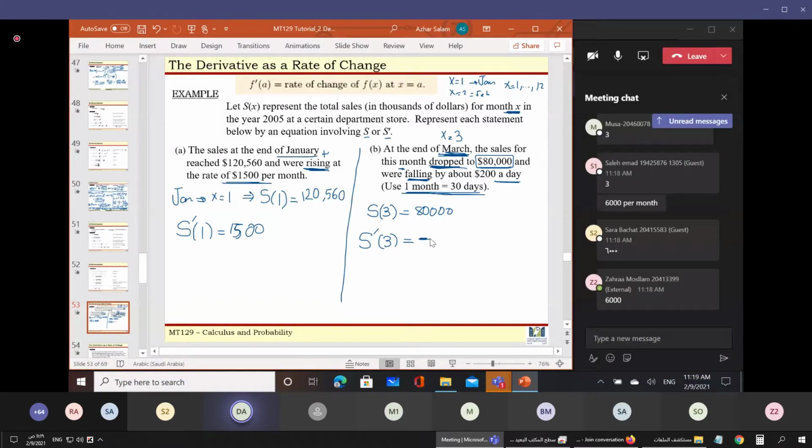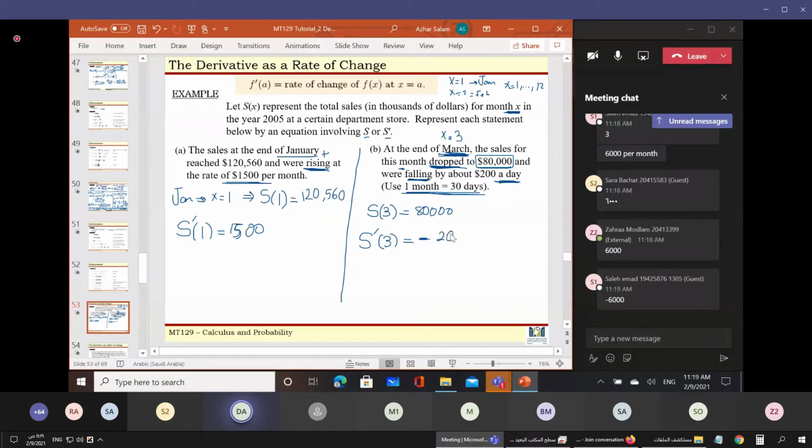Okay, the rate of change here is decreasing. Here I have $200, but per day. And the month of March, the March has 30 days. So each day 200 multiplied by 30.